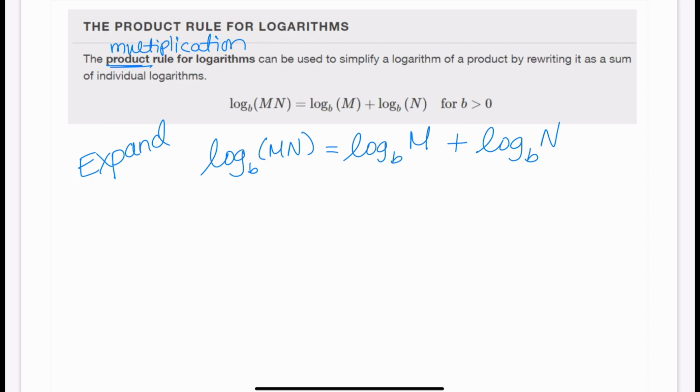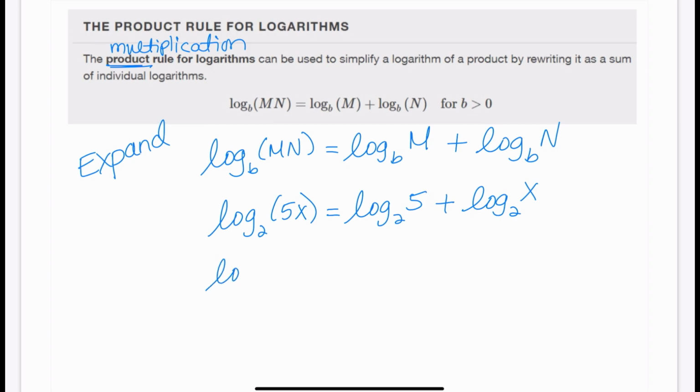If we take a look at an example like the log base 2 of 5x, I can go ahead and expand this as the log base 2 of 5 plus the log base 2 of x. Sometimes they're going to ask you to expand things like the log base 2 of 6. In which case you have to think, how can I possibly simplify this a little bit?